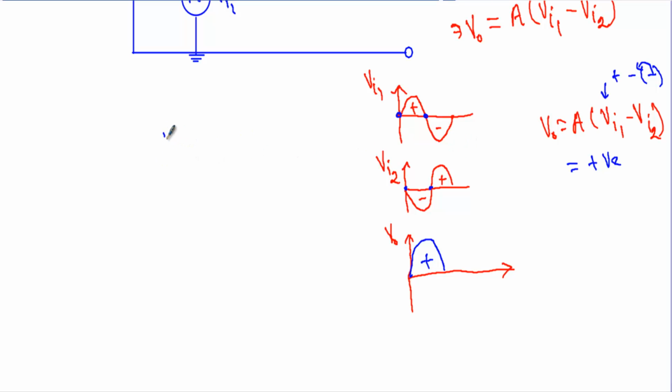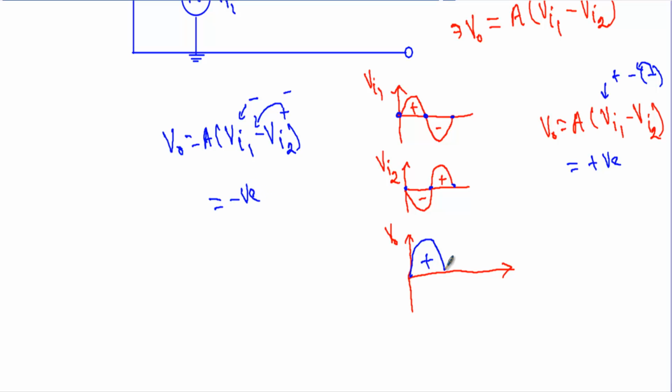Now our Vo was equal to A into (Vi1 minus Vi2). You see that from this point to this point our Vi1 is negative, and from this point to this point our Vi2 is positive. When this positive value gets multiplied with the negative sign, it will give us a negative value, so this negative and this negative value will give us a greater negative value.